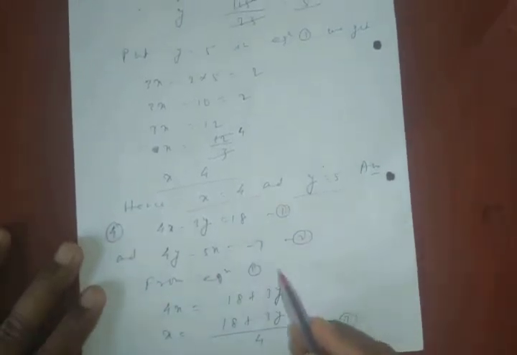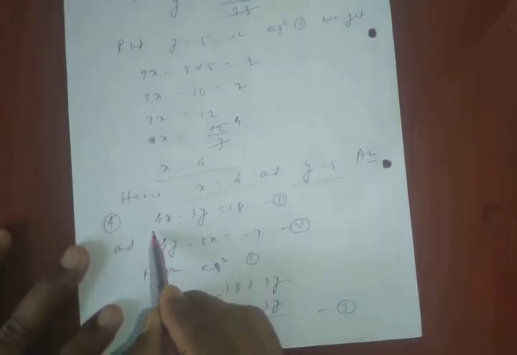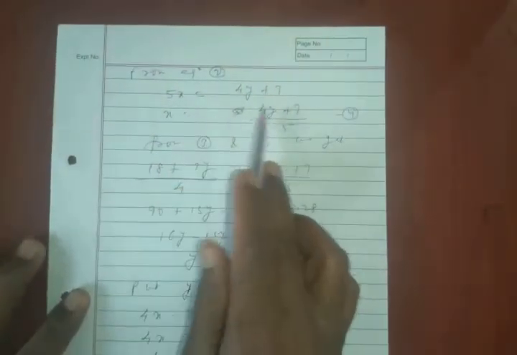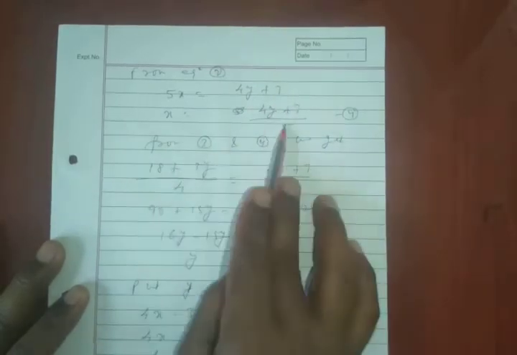Question number 4 is also solved by comparison. It is 4x minus 3y equal to 18, and the other is 4y minus 5x equal to minus 7. From equation 1 we get x equal to this, and from equation 2 we get 5x equal to 4y plus 7, or x equal to this.